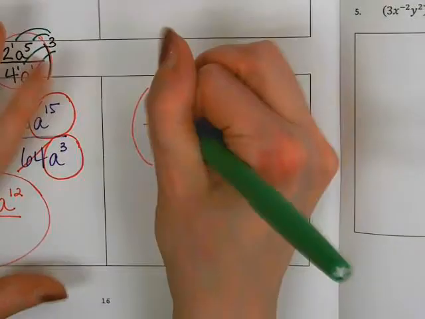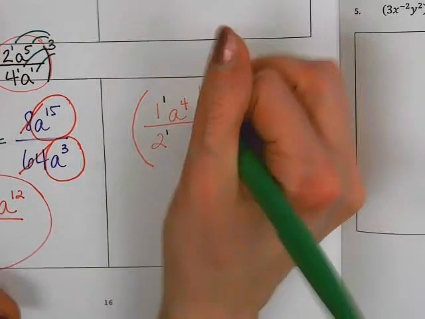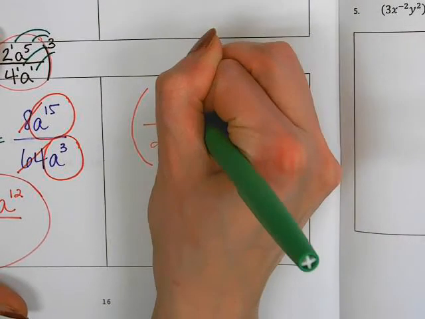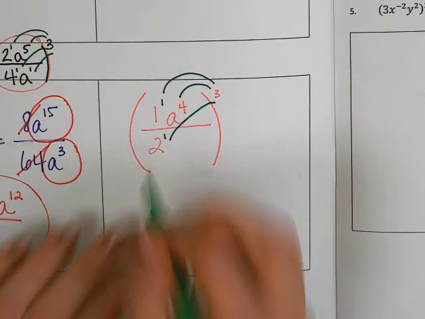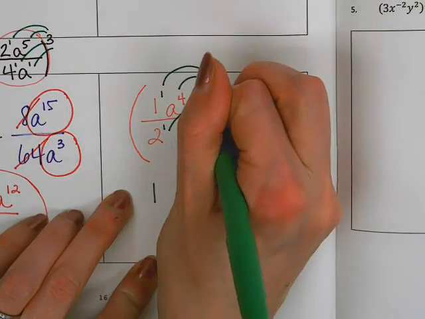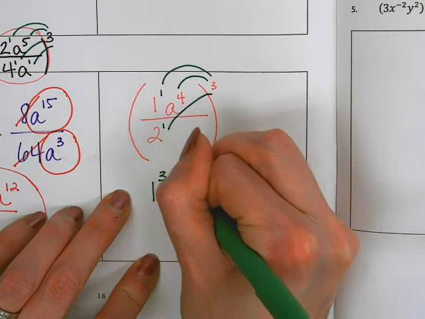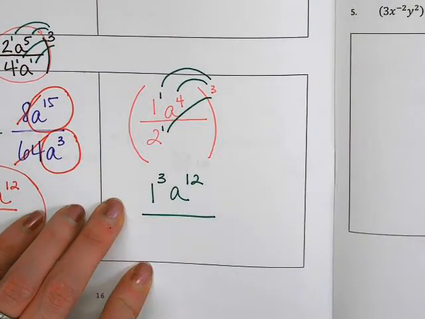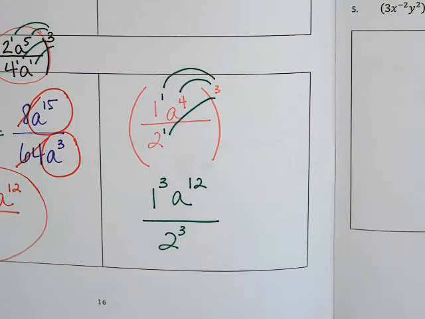Let's give our bases exponents of 1, since nothing's there, and then power to a power we multiply. So we have 1 to the third power, a to the 12th power, and then 2 to the third power.